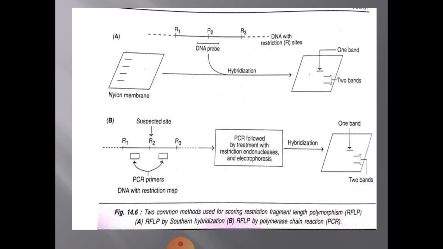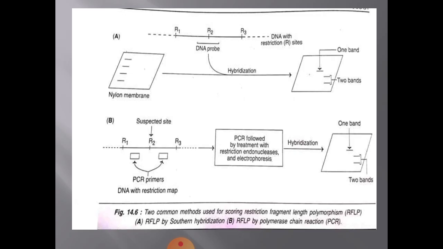So the common methods used for RFLP analysis, this method A is by southern hybridization. You can see here a DNA piece containing three restriction sites, R1, R2, R3, right? DNA with restriction sites. Now for this what you will add? Restriction endonuclease, and then you can see at the place of R2 you have put a probe, right? DNA probe, right?